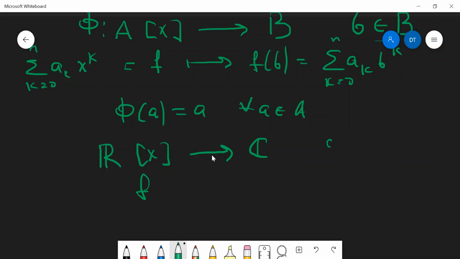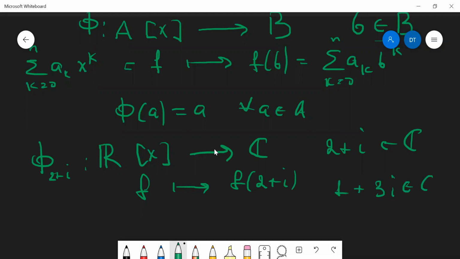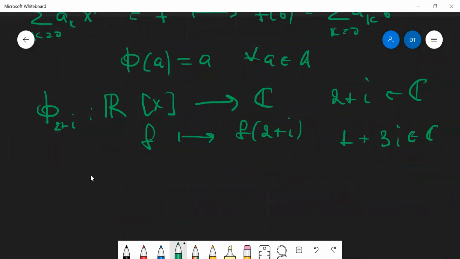For example, I may take 2 plus i from C. Then it defines a homomorphism like this, and this will be a homomorphism denoted by this element. If I take another element like 1 plus 3i from C, then it gives me a different homomorphism. I denote it by phi_{1+3i}, which takes f to f(1+3i).